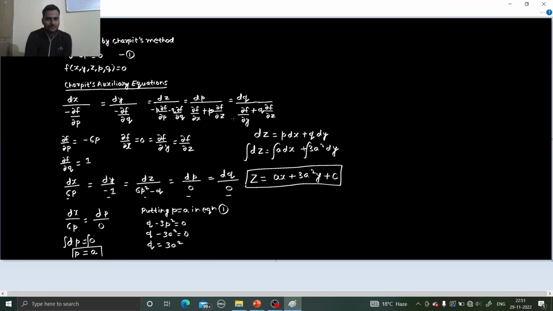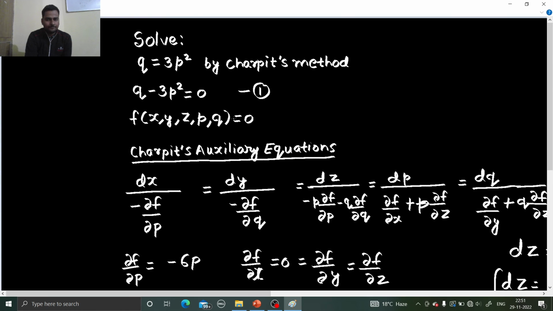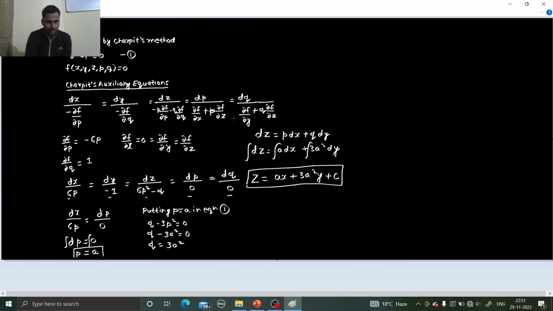Let's summarize what we did in this problem. Starting off, we wrote this in the form of function of x, y, z, p, q equals to 0, so we put everything to one side. Then we wrote the Charpit's auxiliary equation, which is dx divided by minus del f by del p equals to dy divided by minus del f by del q equals to dz divided by minus p del f by del p minus q del f by del q, and so on.